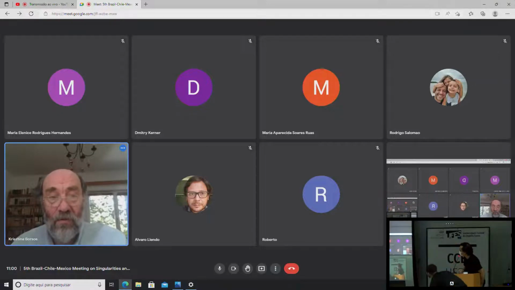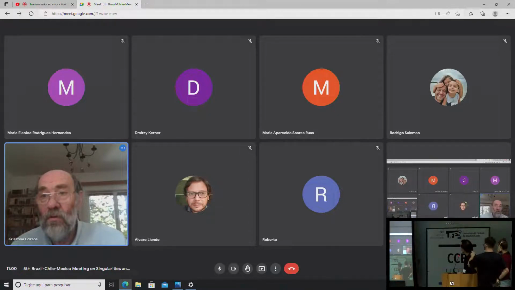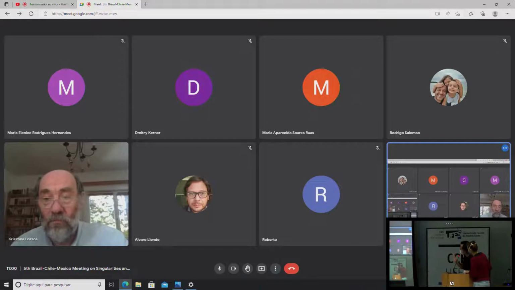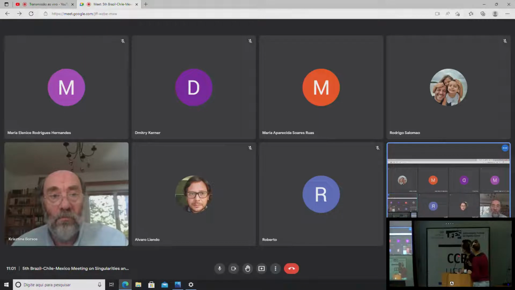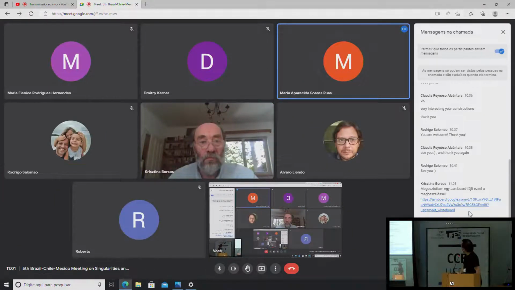Inside of the Meet, you can use the option on the right side of the hand, you can click. András, do you see the arrow in the bottom?